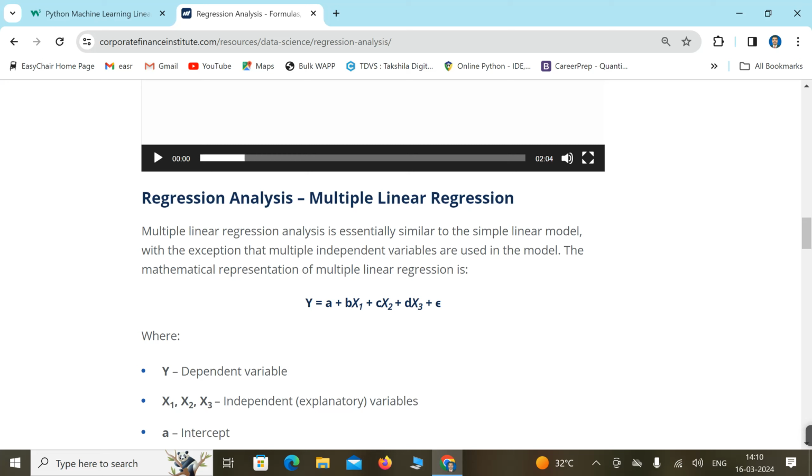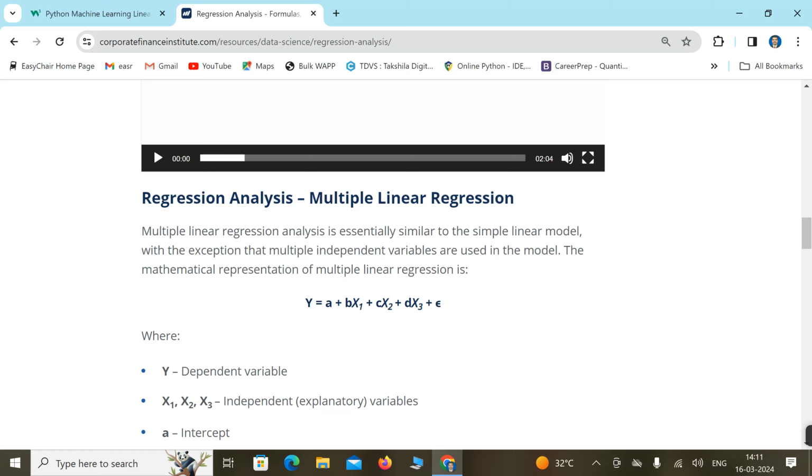So the meaning of multiple linear regression analysis is similar to the linear regression analysis model, wherein the only difference is you have multiple independent variables on a single dependent variable.